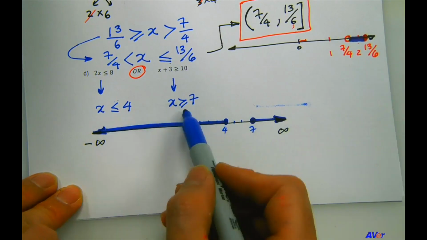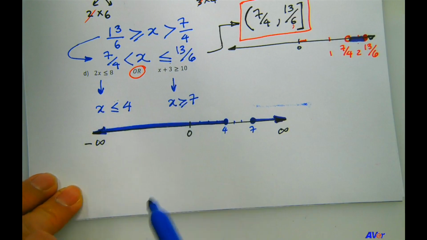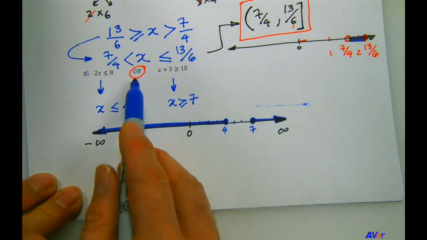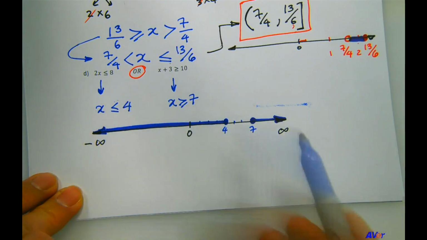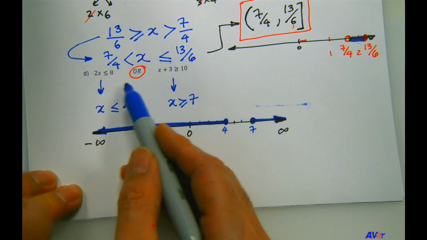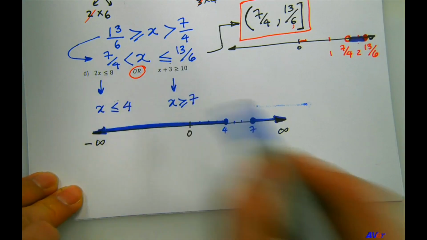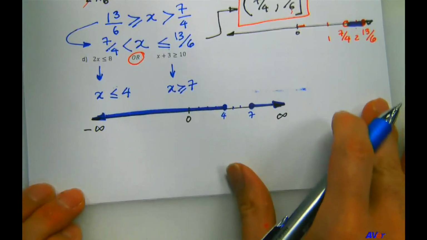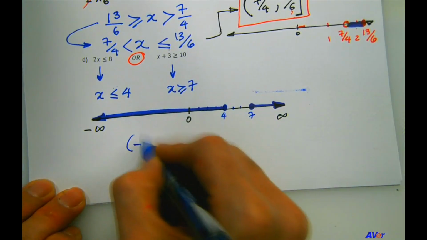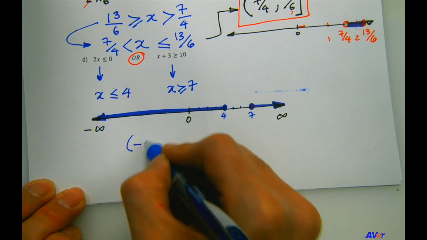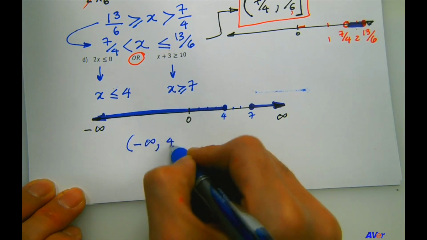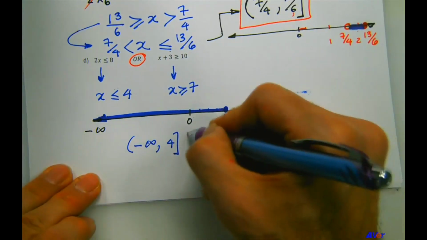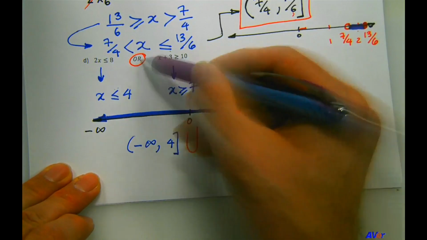So the individual solutions do not agree with each other. You see that, right? But we have an OR. So that means the final solution of the compound inequality is this piece union that. That would be negative infinity, comma, 4, bracket, union, that's the OR piece.